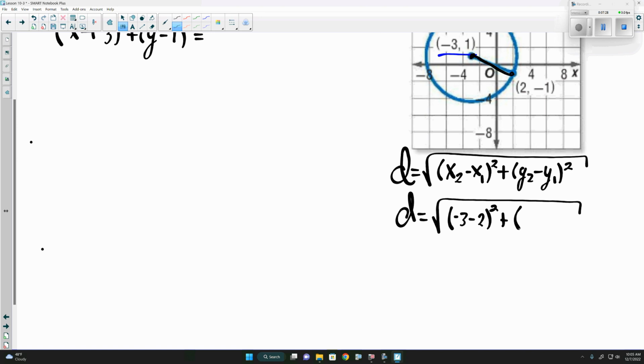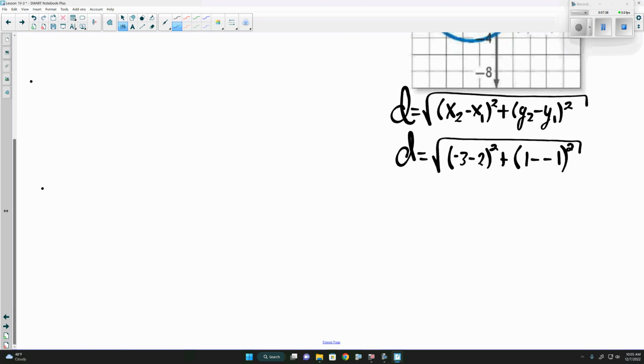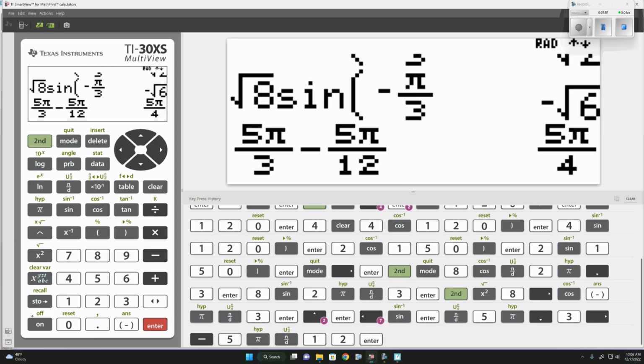We just need to put x's with x's, y's with y's. Because flipping it would just be a sign change of what's inside the parentheses, but whenever we square something, it makes it positive, so that sign change doesn't affect anything. So 3 minus 2, 1 minus -1.